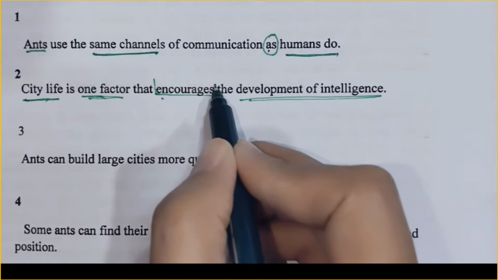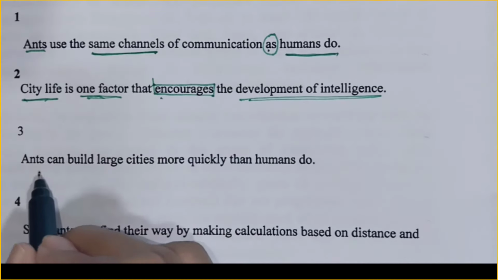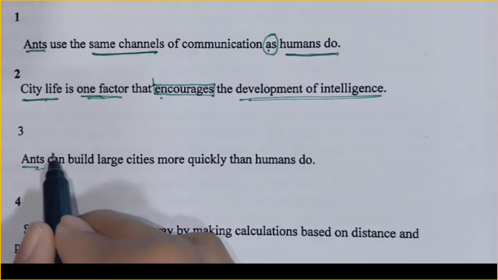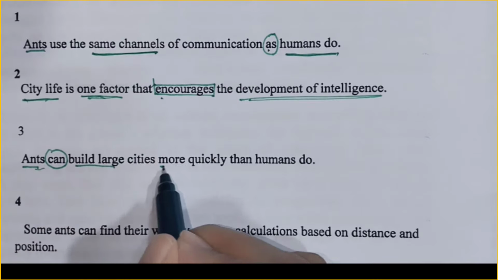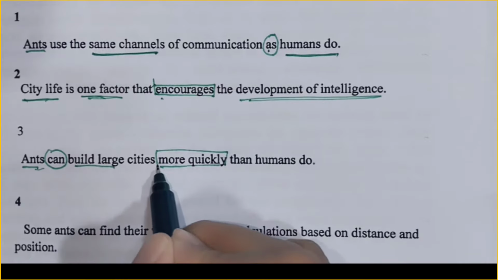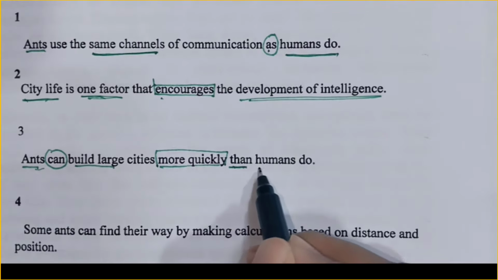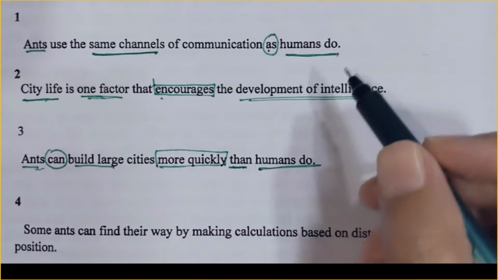Encourages. Ants can build large cities more quickly than humans do. Comparison is there. Always look for the comparison.